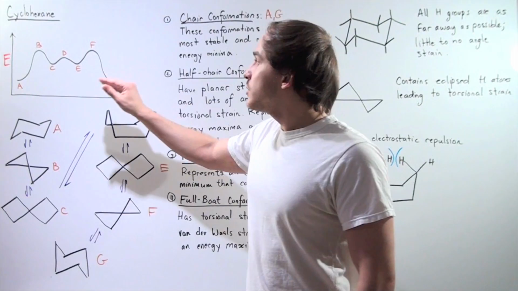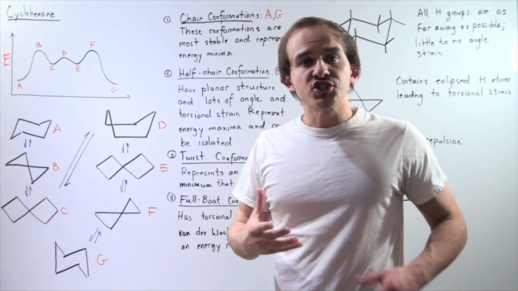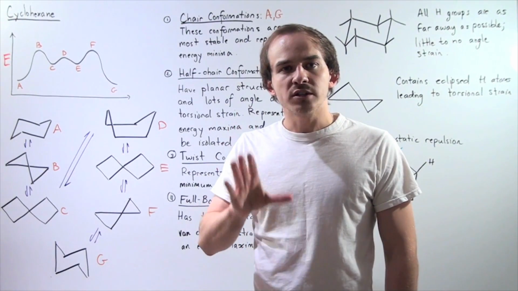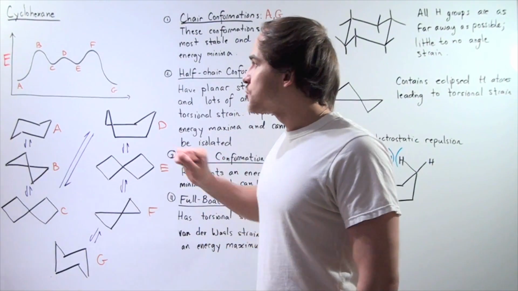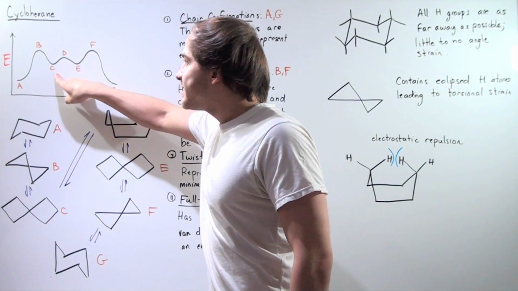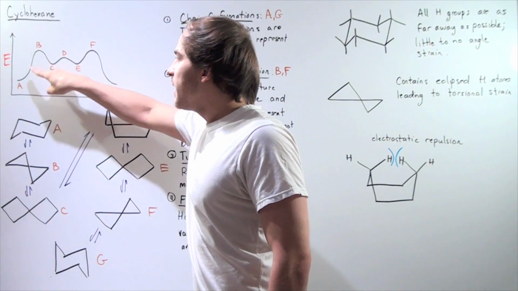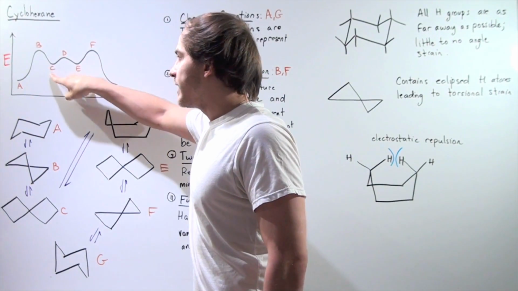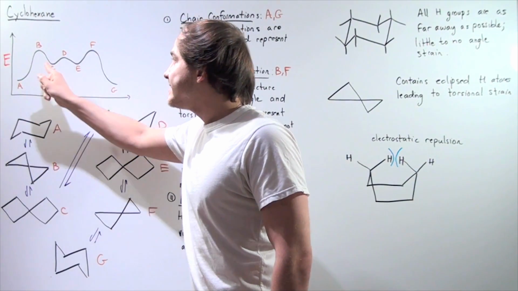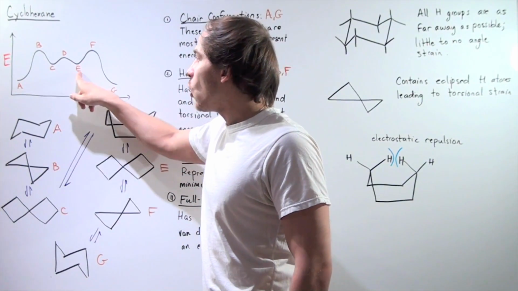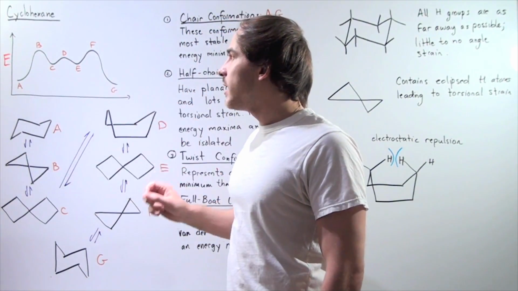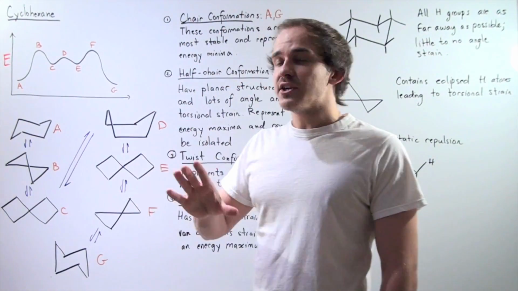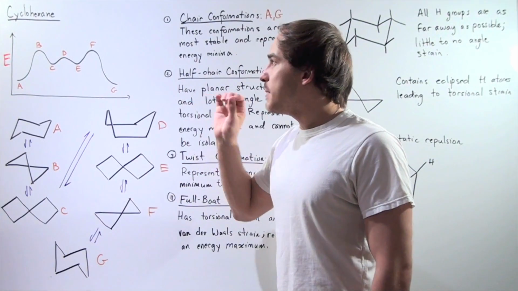That's because they're so high up in energy, so unstable, that they will only exist for a very, very short period of time. In other words, when A becomes C, it has to go through B. But because B is a transition state, B cannot be isolated. We can isolate A, C, E, and G because all of these are energy minima, but we cannot isolate B, D, F because they're transition states, they're energy maxima.